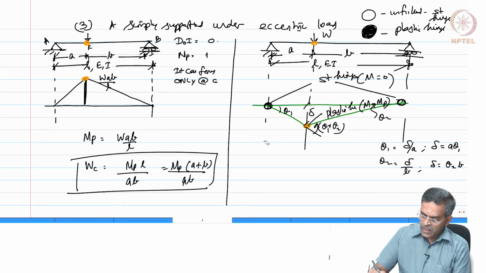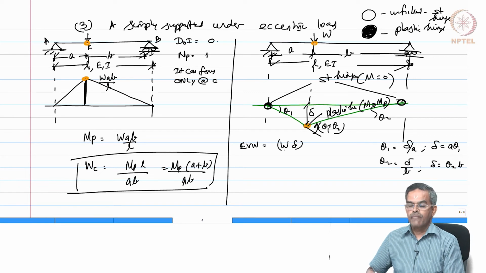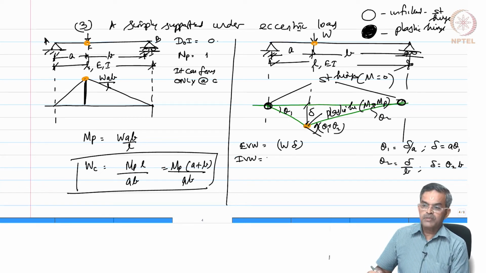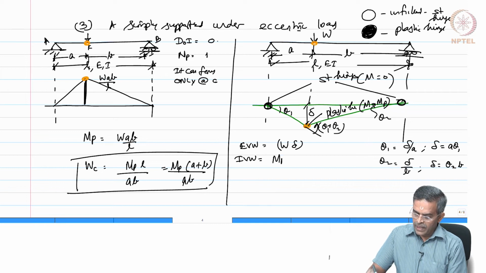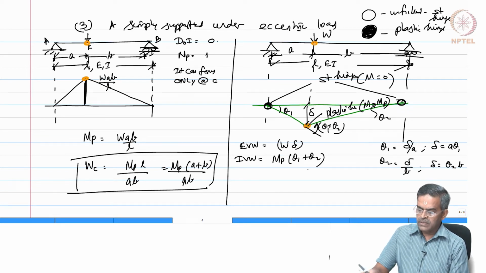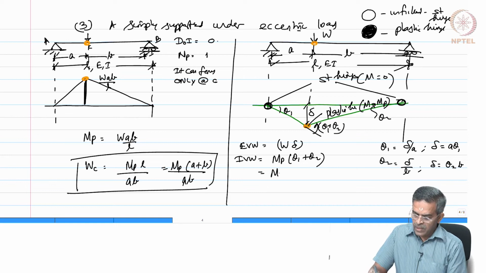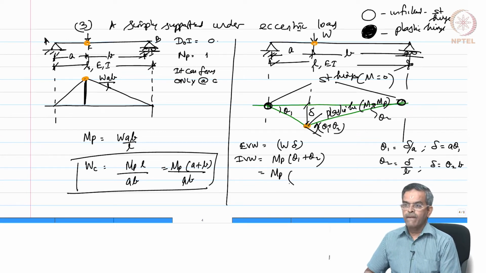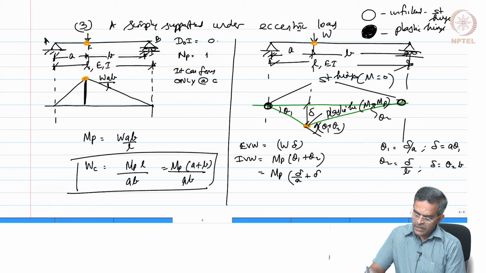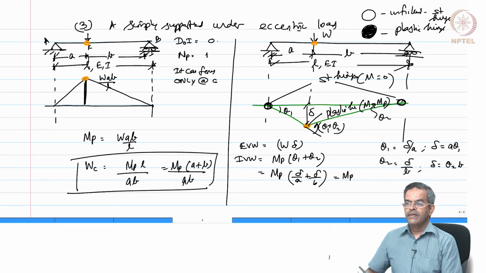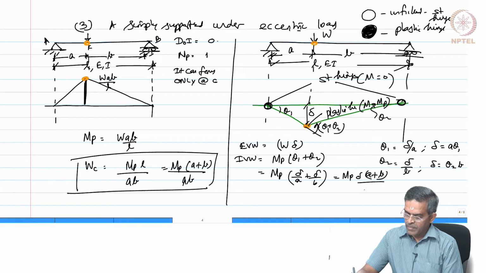Let us say the external virtual work done for this problem is W into del. The internal virtual work is MP into theta 1 plus theta 2, which will be equal to MP into del by A plus del by B, which is MP del A plus B by AB.